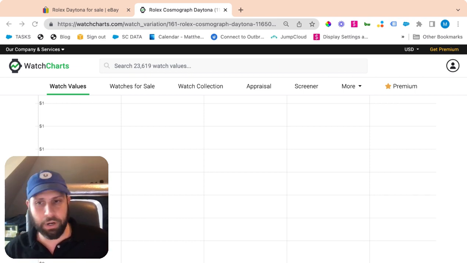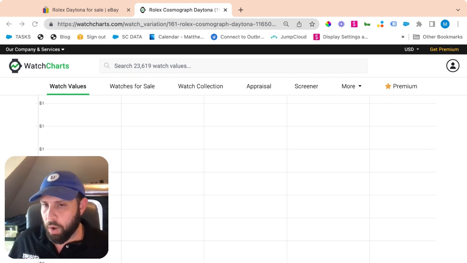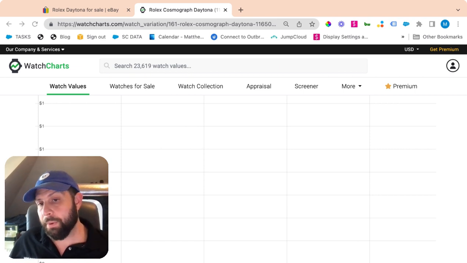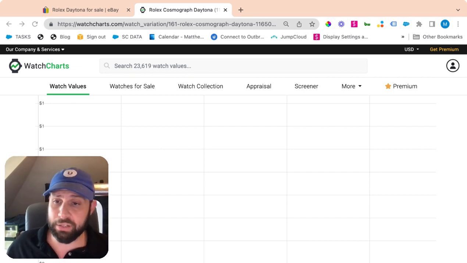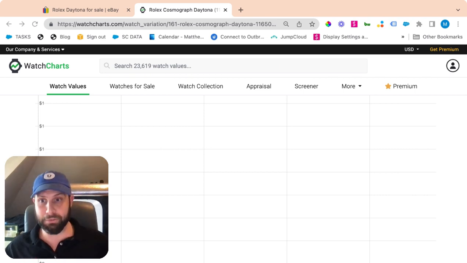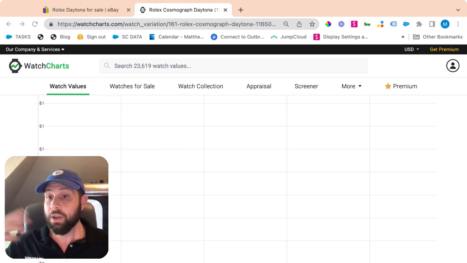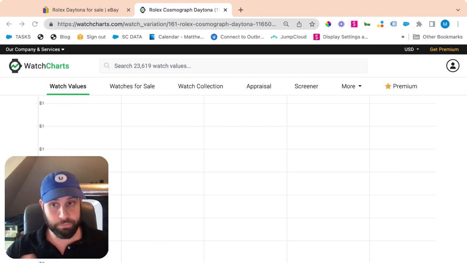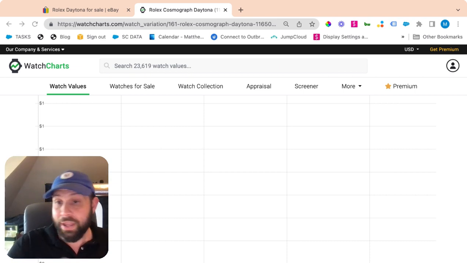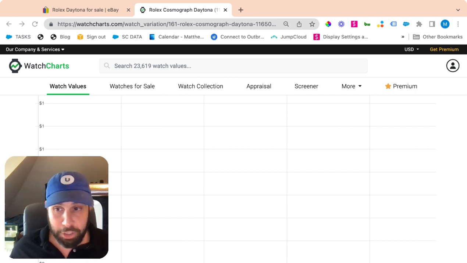But other than that, we also require a minimum liquidity for things to pop up on our recommended scanners. So you would not see this on our recommended scanners, but you would see it on demand velocity. So if you are kind of speculative and you want to play and say, hey, I bet this watch is going to skyrocket because we're seeing the price moving up from the 40s up to 53, and we are seeing a huge demand velocity.